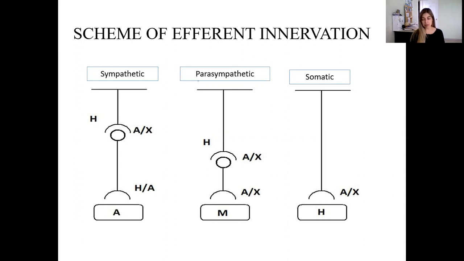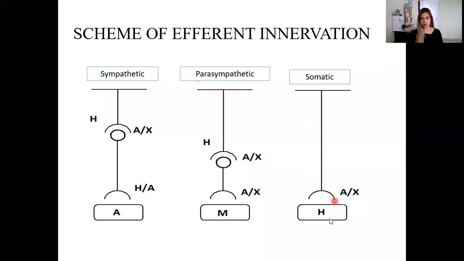The somatic system controls the skeletal muscles and only has one neuron which goes from the CNS directly to the skeletal muscle. I'm now talking about this part, if you are understanding. Yes, so here it's the CNS, and from the CNS the signal goes directly to the target cell, to the skeletal muscle.